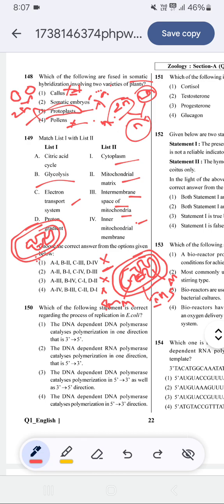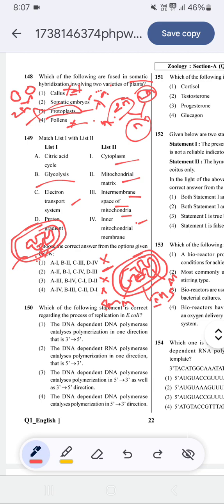This is the space, and this is the inner membrane. Proton gradient: after synthesizing protons, they enter into the intermembrane space of mitochondria, and there will be a lot of accumulation of protons in the space.